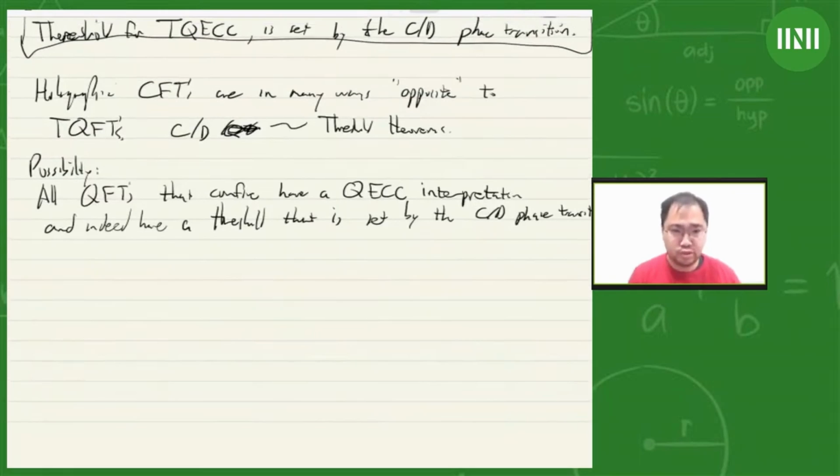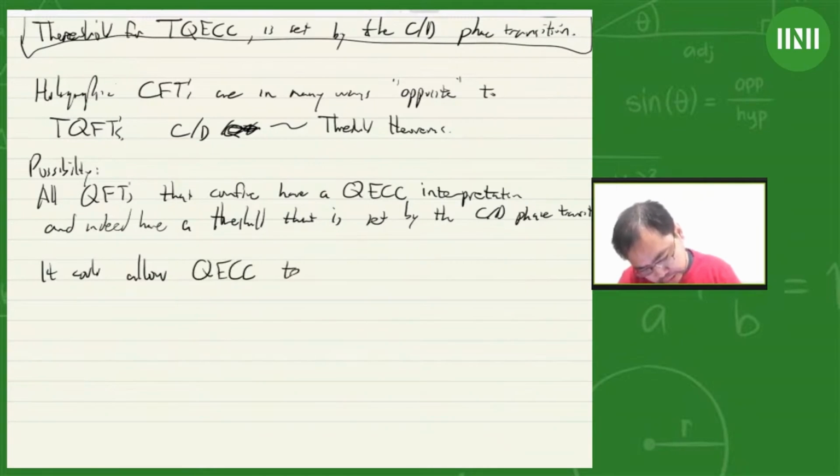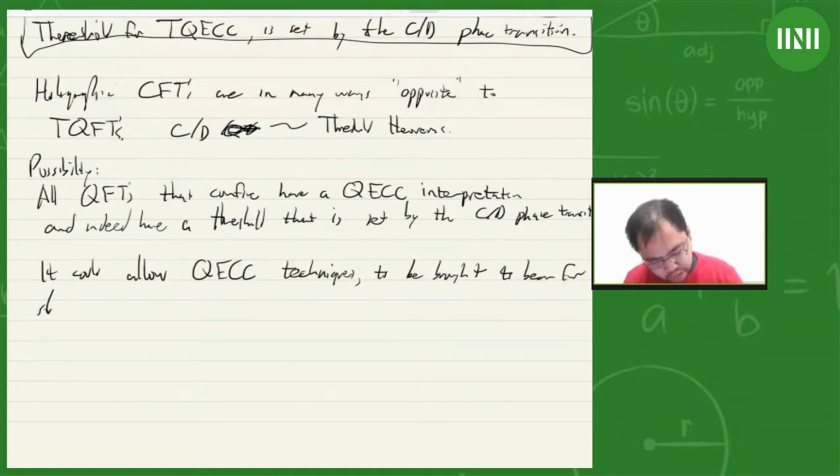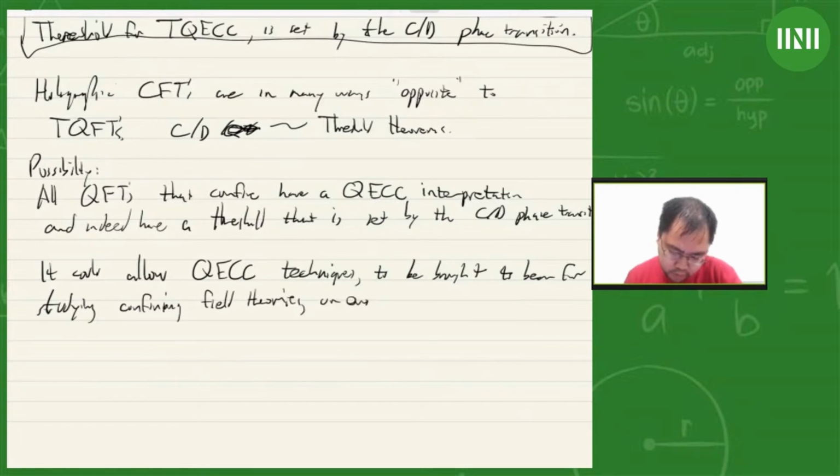So if this is true, then what it could do is it could allow quantum error correction techniques, which have already proven to be quite fruitful in the restricted context of AdS/CFT, to be brought to bear in studying confining field theories, or even for deciding if a field theory is confining.